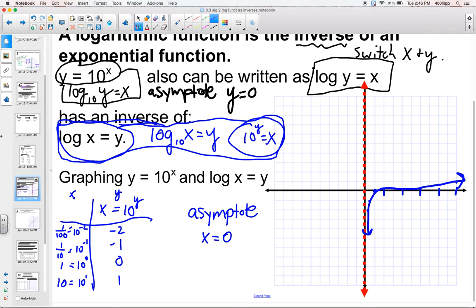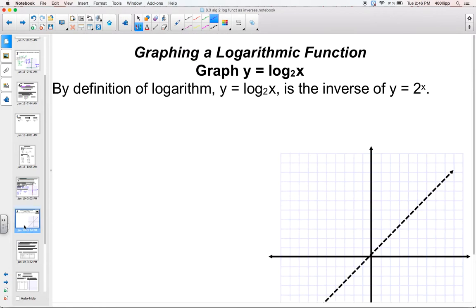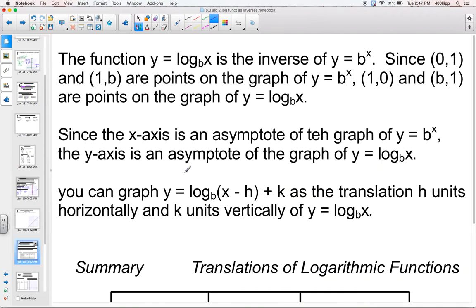All right, moving on. This is very similar. We're going to actually skip that because I don't want to make the video too long. Here we go. Okay, so now here's what we have. All this is saying is if we have y equals log base b of x, which is b to the y equals x, right?